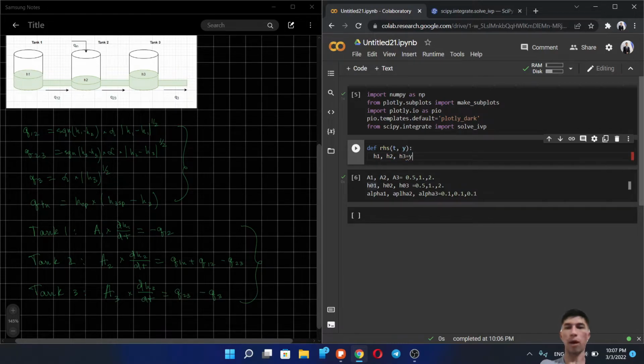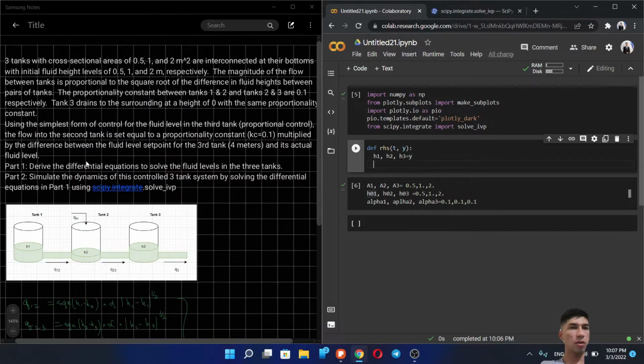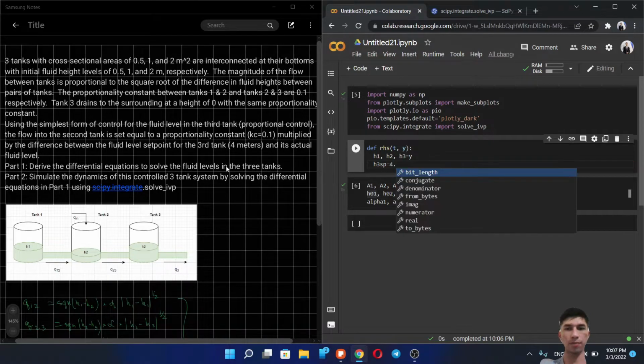Then in the question we are given the set point for the third tank. So we can have H3 SP as 4 meters.